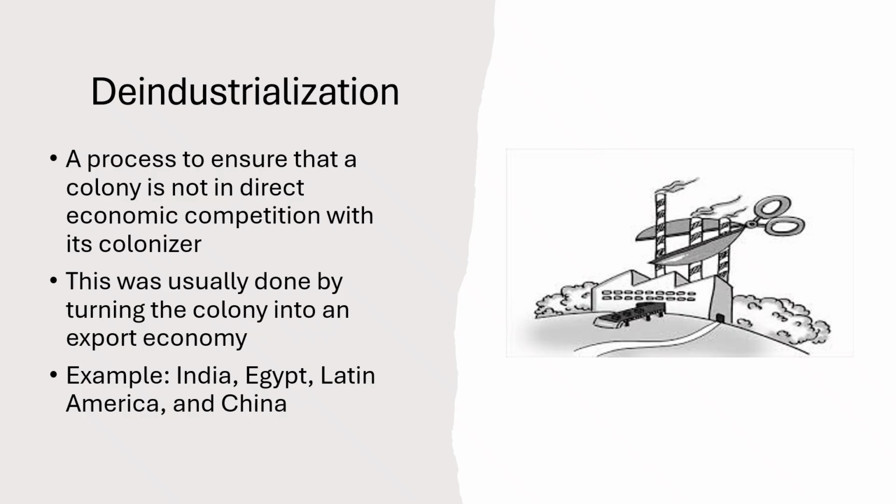Another example would be the British in Egypt, where the British forced Muhammad Ali at the Convention of London in 1840 to reduce his army, dissolve his navy, and give up all territory he had gained outside of Egypt and Sudan.